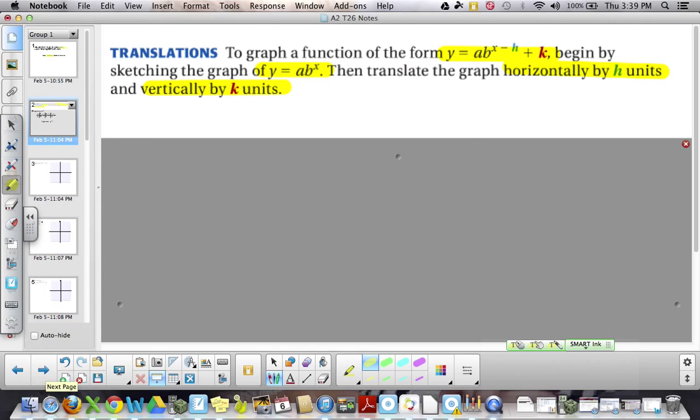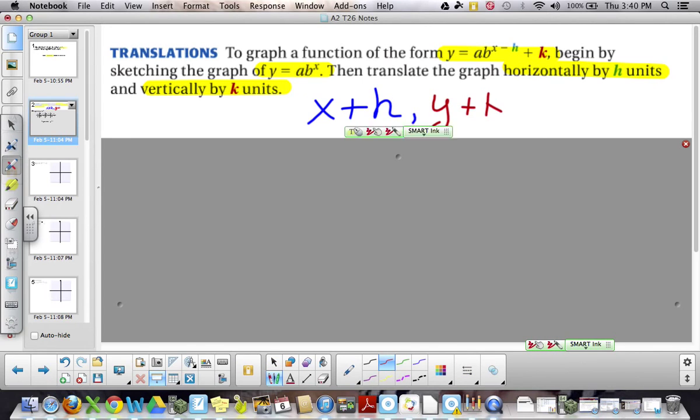So essentially all we're doing is taking the points that we had in our basic exponential functions and adding h to all the x coordinates, and adding k to all the y's.